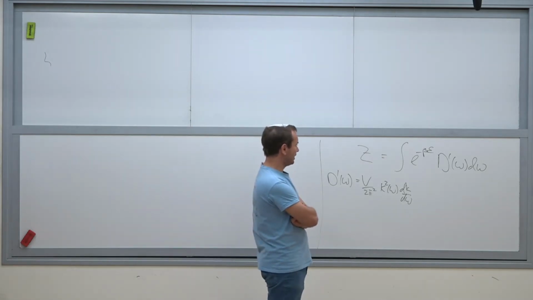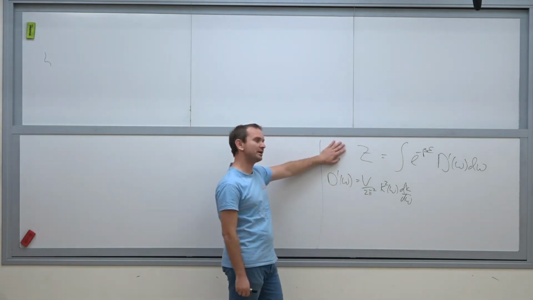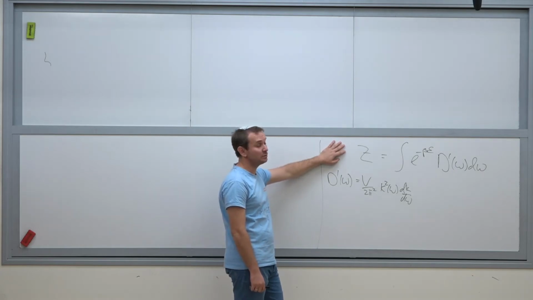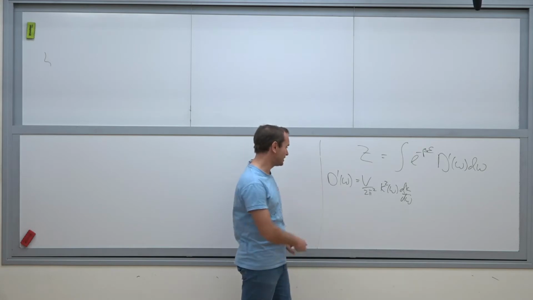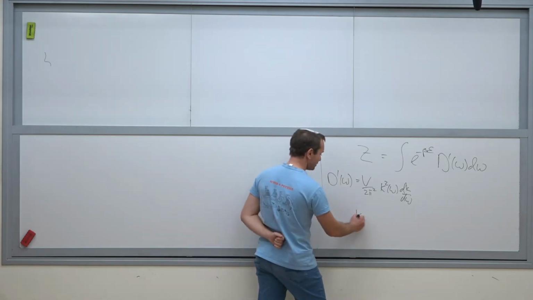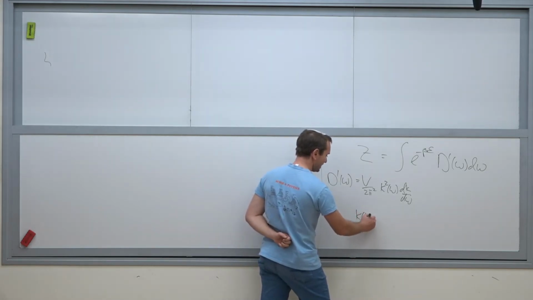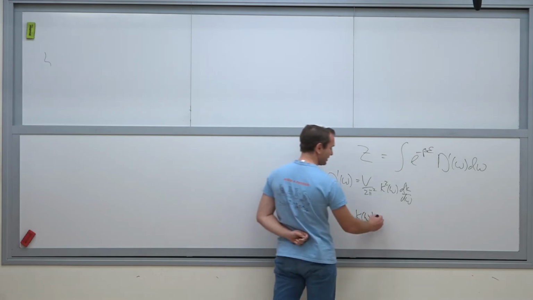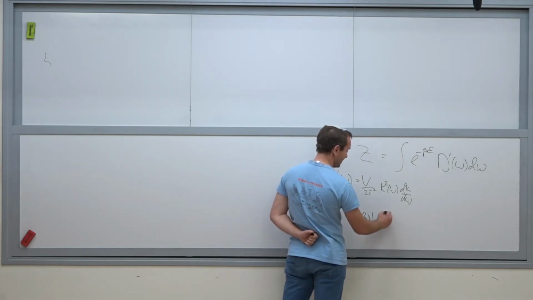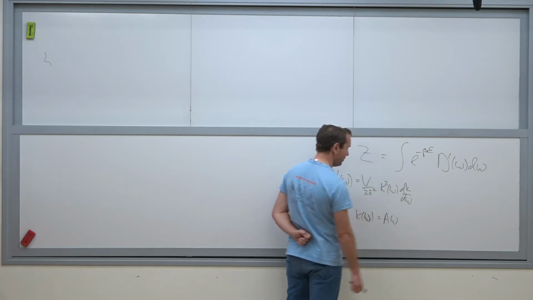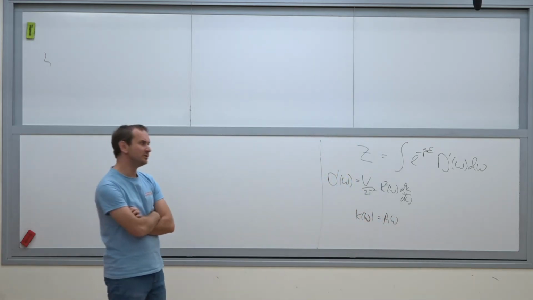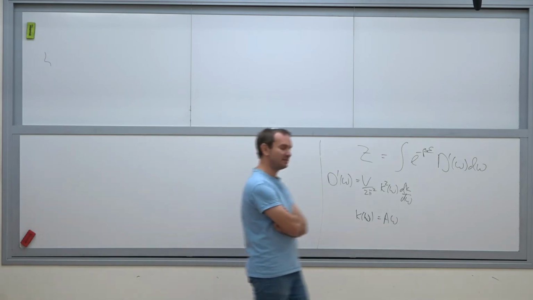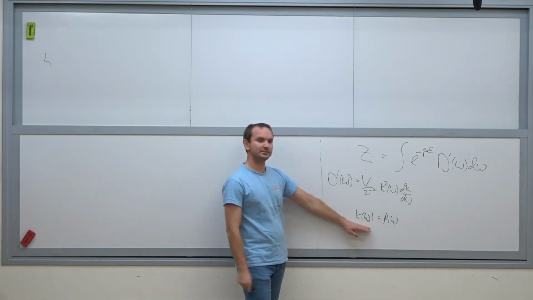Now, this is a quantum mechanical representation. What we used afterwards is to write that k of omega is some constant multiplied by omega, which was 1 over the speed of sound in the material. That was the classical part.